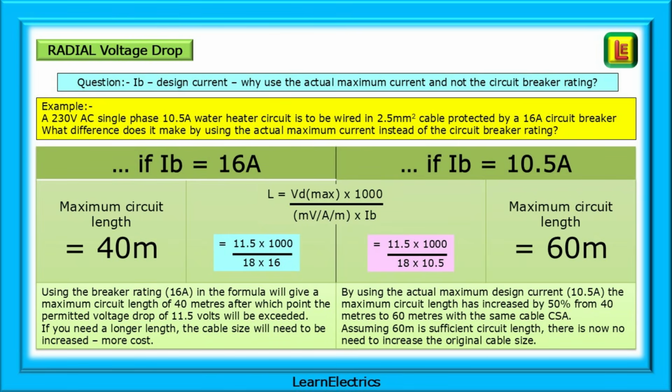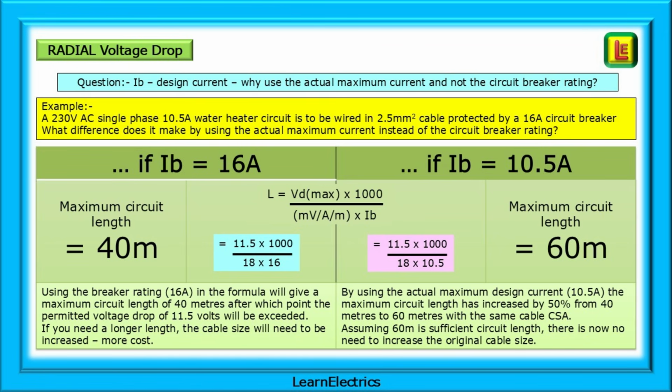A question that many learners ask is, if we have a 230 volt AC single-phase 10.5 amp water heater circuit that is wired in 2.5 square millimeter cable protected by a 16 amp circuit breaker, what difference does it make using the actual maximum current of 10.5 amps instead of the circuit breaker rating of 16 amps?